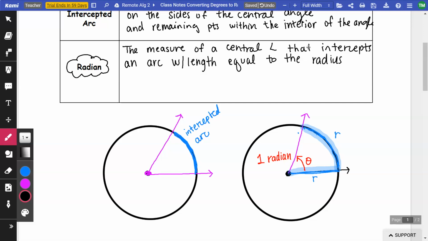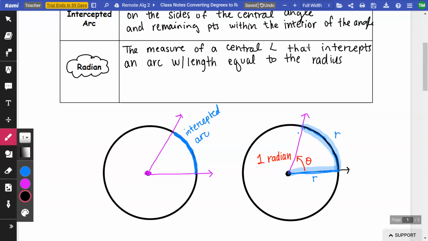So if you've created a central angle that has an intercepted arc that's the same distance as the radius, you've created an angle that is exactly 1 radian.